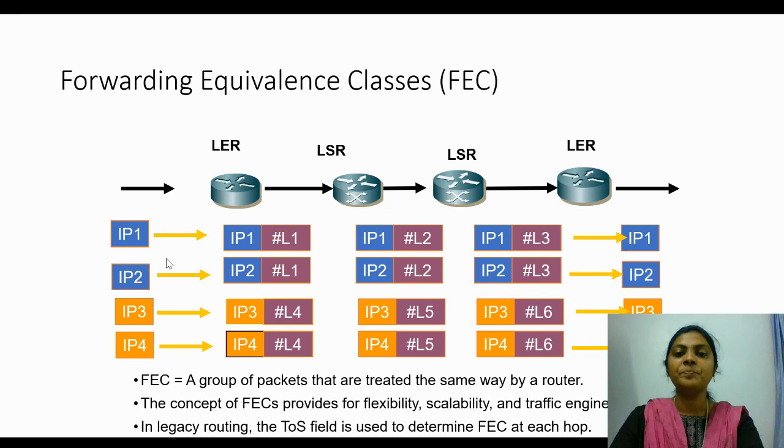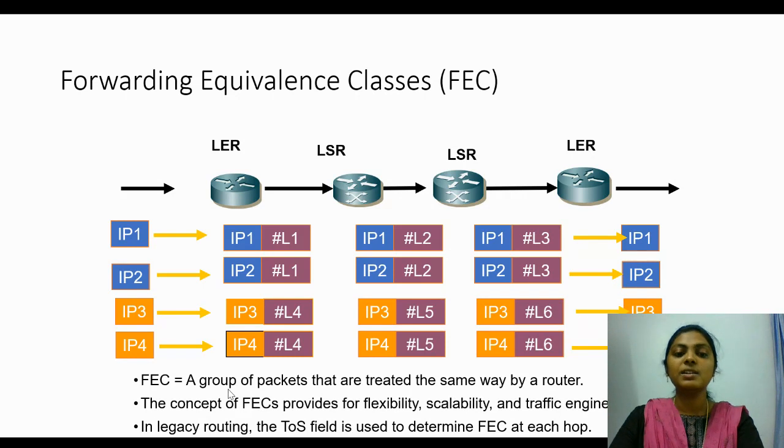So packets 1 and 2 will follow one path to reach the destination, and packets 3 and 4 will follow the same path to reach the destination. In this case, you can see in the picture the label numbers also remain the same for all the packets in the group. For the first group, the labels L1, L2, L3 are used, and for the second group, labels L4, L5, and L6 are used.